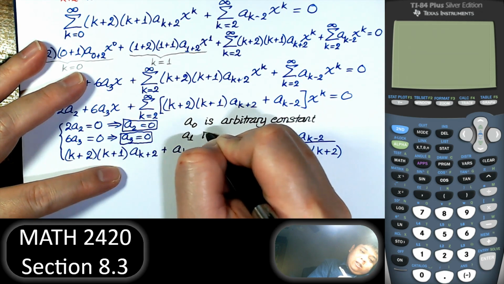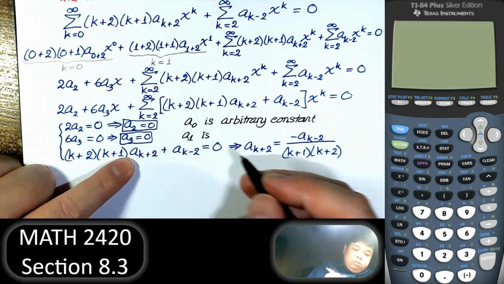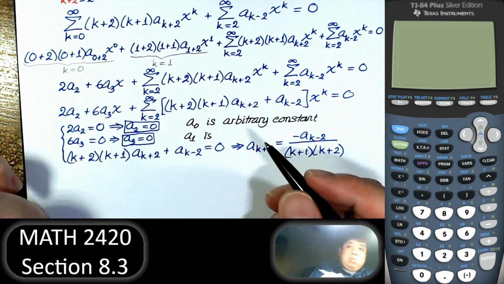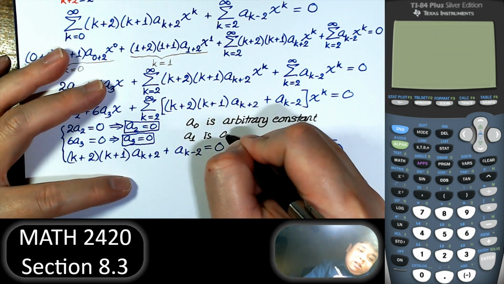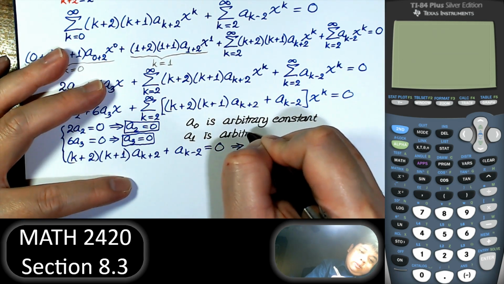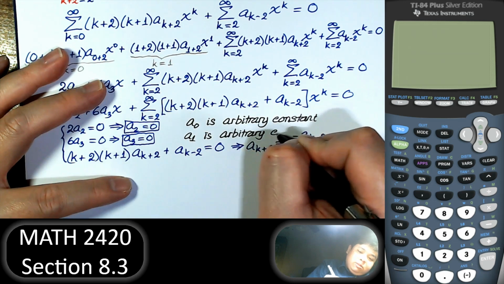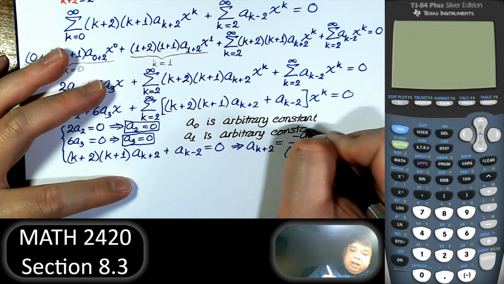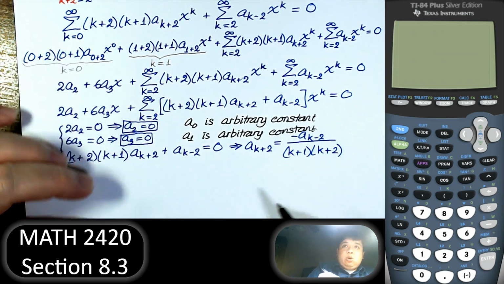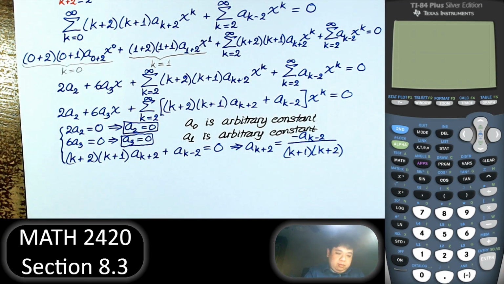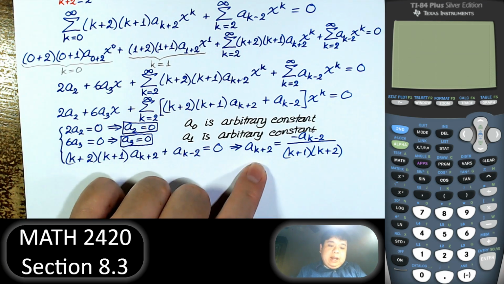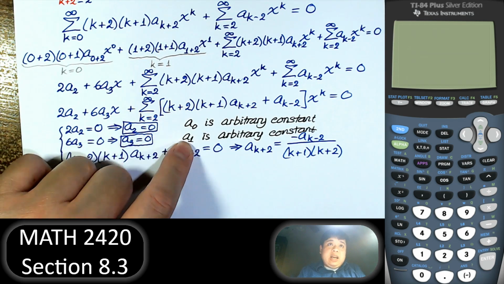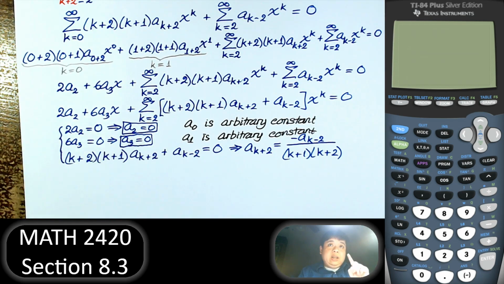A1 is also, by default, just an arbitrary constant. It is not mentioned in here, so we just say that is a constant. Right, now we have a naught, a1, a2, a3.